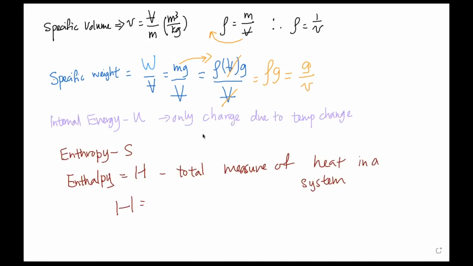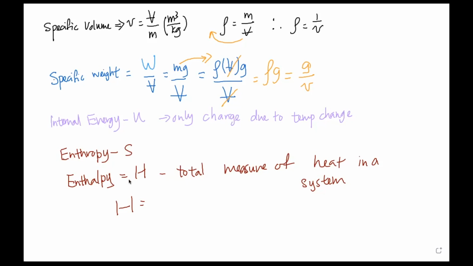The internal energy is the internal molecular energy in the system. This only changes due to temperature change. For example, if I give some heat to it, the molecules in the system will move very fast and jump around, so you have a very high internal energy. Entropy measures the disorder. I will further expand on this part.